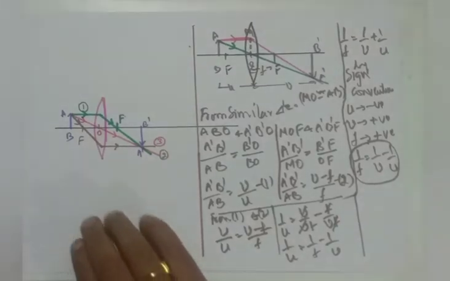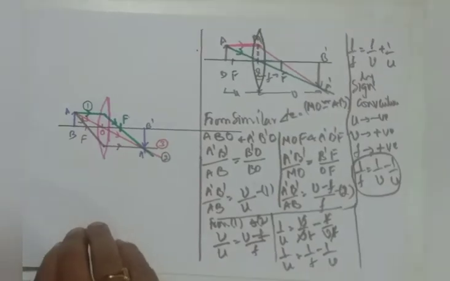Now, with this idea, we proceed on to the next concept. We just think of it like this. What is the major use of a lens? Basically, lenses are used to bend the light ray.